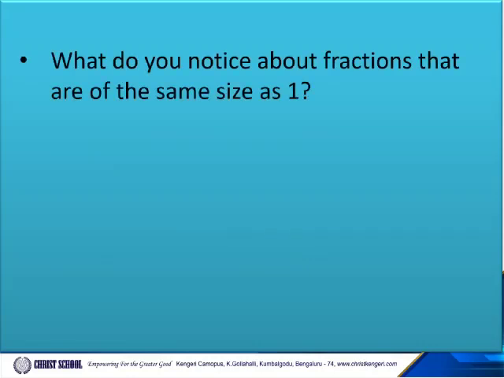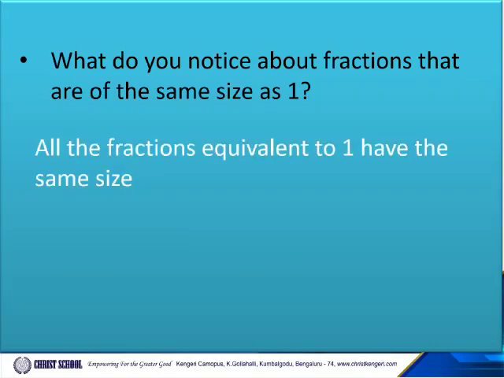What do you notice about fractions that are of the same size as 1? All the fractions equivalent to 1 have the same size. For example, 2 by 2, 3 by 3, 4 by 4, 5 by 5, and so on.